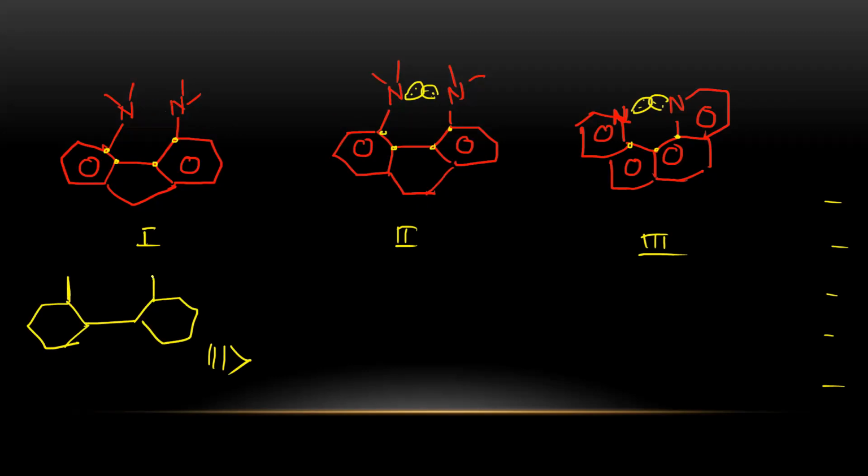These are two different groups. So these are basically far away, but this is closer. As this is closer, it will be a better proton sponge, then two, then one. So this will be our order.